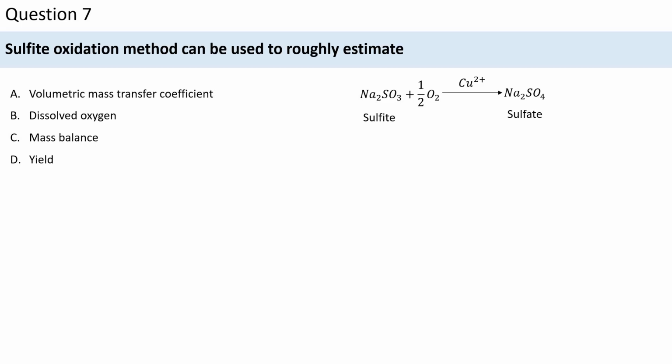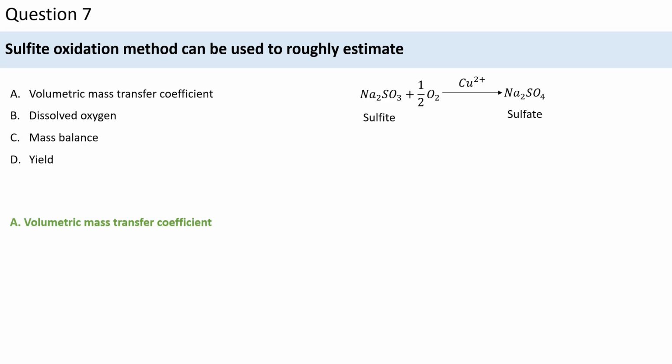So this is talking about the KLa, the volumetric mass transfer coefficient. If that is high, you will have a very good oxygen transfer rate. That's what I wanted to tell you from this one, whereas dissolved oxygen, mass balance and yield are not related to the sulfite oxidation method.